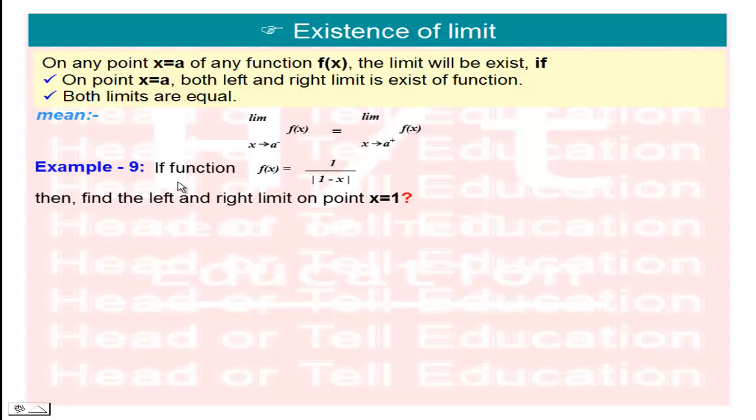Example 9. If the function f(x) equals 1 divided by modulus x, then find the left and right limit at the point x equal to 1.